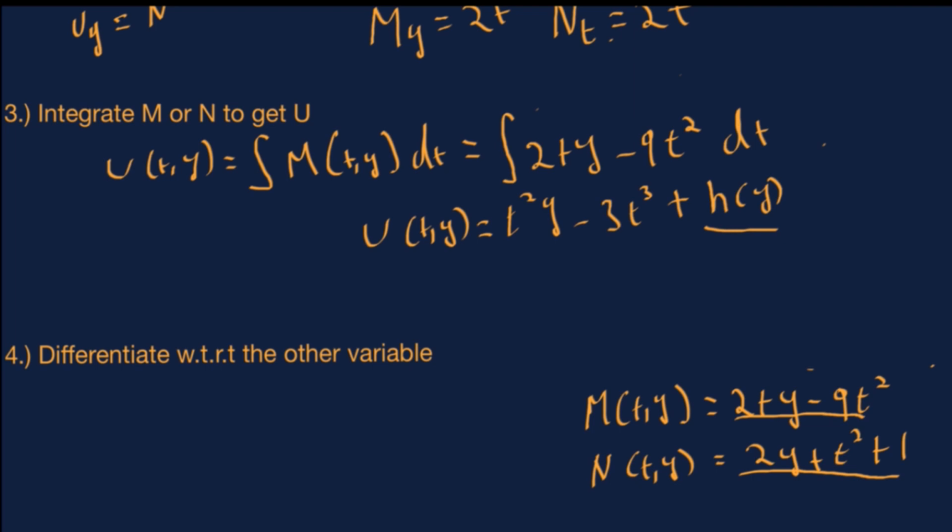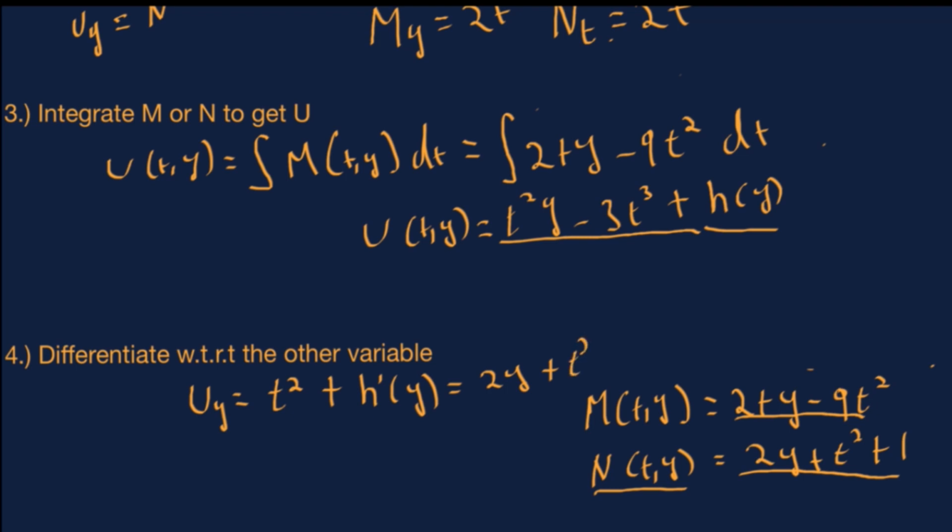So when we take the derivative of u with respect to y, we get t squared plus the derivative of h with respect to y. And we will make that equal to the function N, which is 2y plus t squared plus 1.